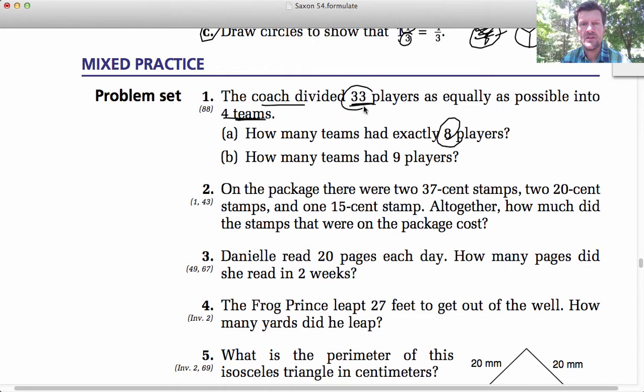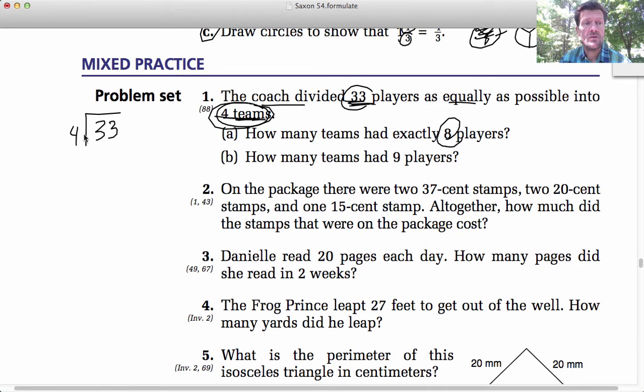So take these 33 players and divide them equally into 4 teams. That means you're going to take 33 divided by 4. You're going to find out what that is, and then there may be some players that don't fit on one of those 4 teams because there's too many.